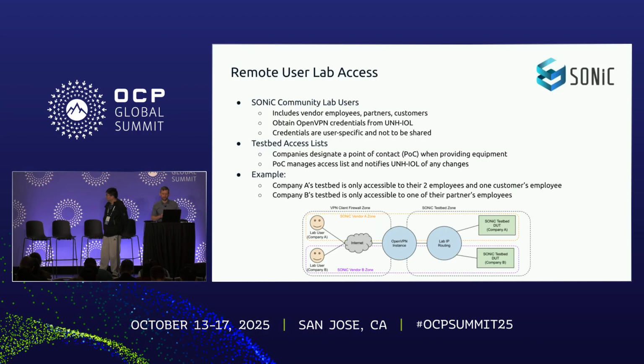We have a testbed from company A on the top, and maybe in that case, they want to grant access to 2 of their own employees and then 1 of their customers' employees to be able to log into the devices to debug the equipment. And then in the bottom, a totally isolated testbed might be a company B providing some equipment and then wanting to enable one of their software development partners to have access to that testbed to debug things that are going wrong.